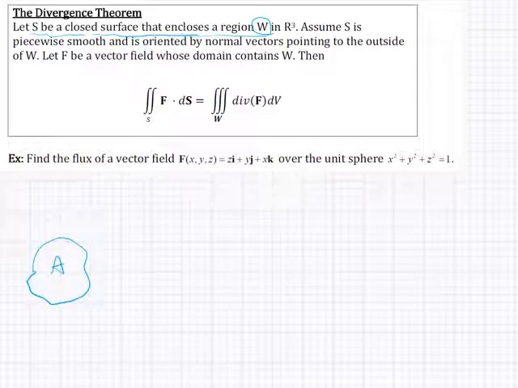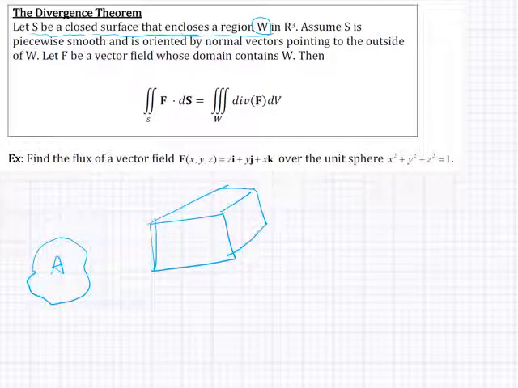Here we have a surface that essentially is completely closed in. So think of it like this box that's closed completely. And we want to integrate a vector field over this entire surface.